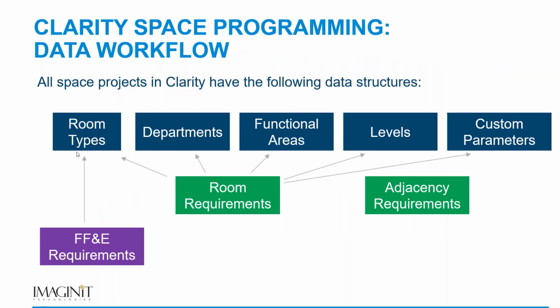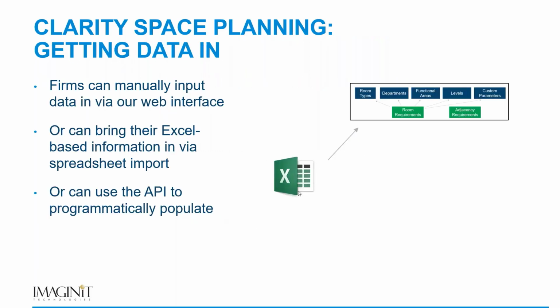So yeah, Clarity Space Programming is tracking a wide variety of types of information, shown here. We can bring that data in different ways, directly from Excel. We did build a web interface that we hope is useful for creating or updating your program in the Clarity web interface.